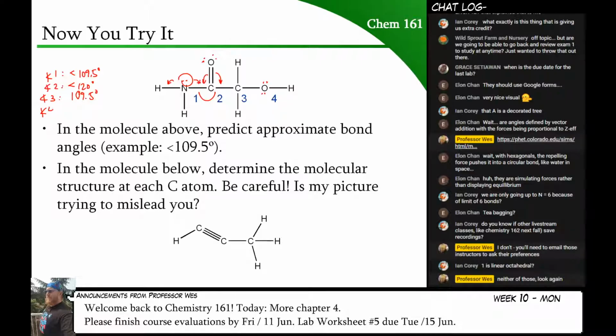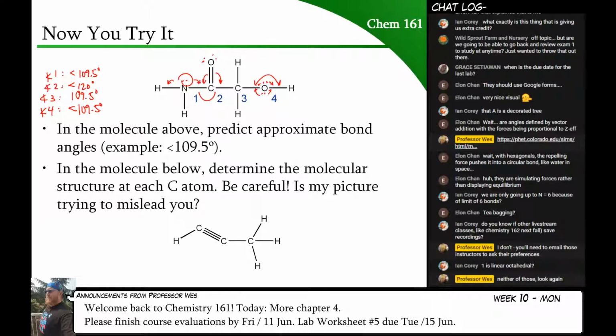And then bond angle 4, this one right here, it looks like it's 180, but it's not. And then remember, these electron pairs are pushing these bonds away as well, less than 109.5. So associate an angle with a geometry, and then you'll be in good shape.